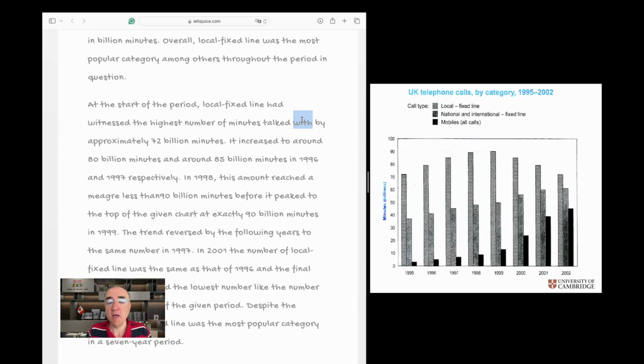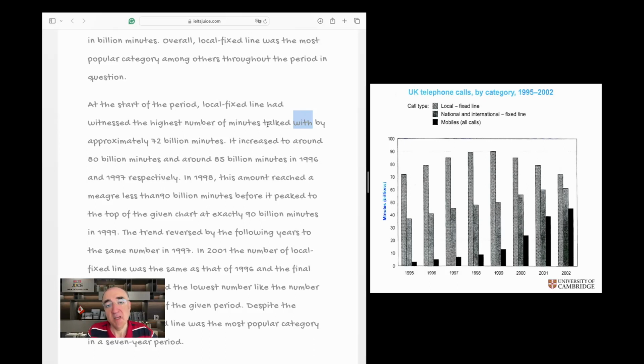I have a hard time fixing it like this. In many cases, you need to restructure the entire sentence. It's hard to say that, yes, there are minutes who talked with. It's like I am an individual and I talked to some minutes. I was sitting on this side of the table and minutes were sitting on the other side of the table, and I talked with minutes. That is a bit weird.